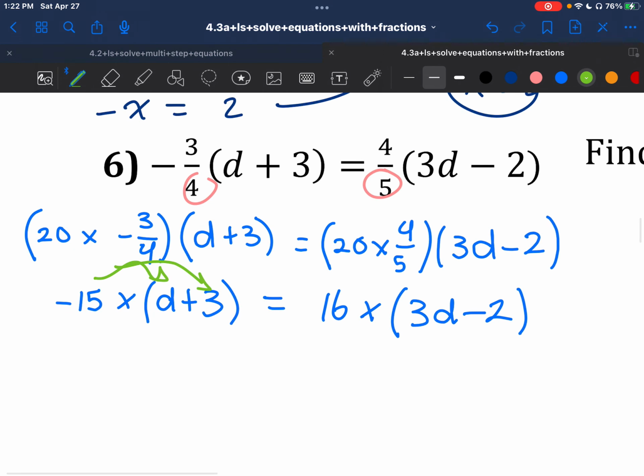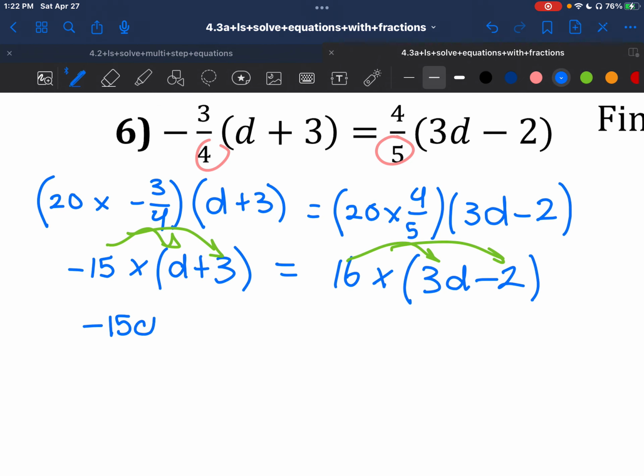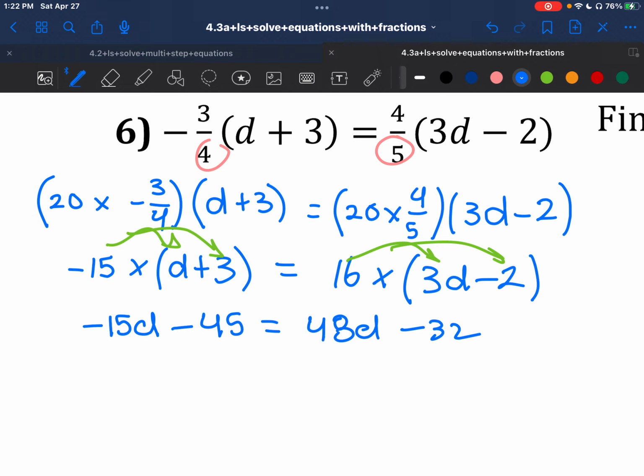Now let's distribute it in and go negative 15d minus 45 equals, and then 16 times 3, that will be 48d minus 32. Now it's the same shenanigans.